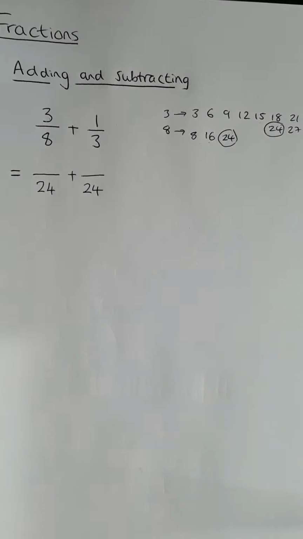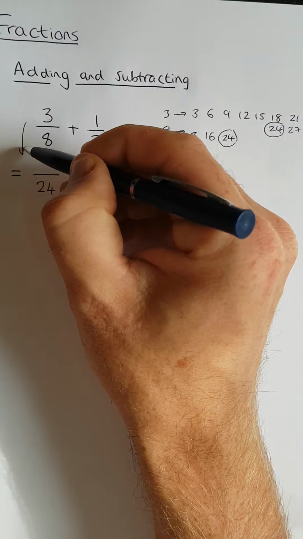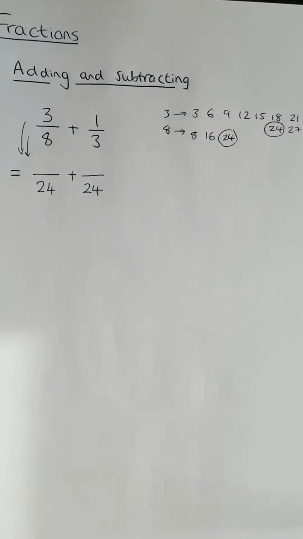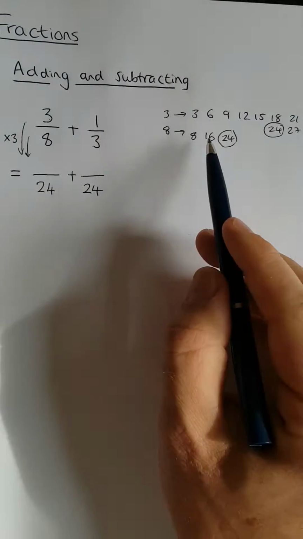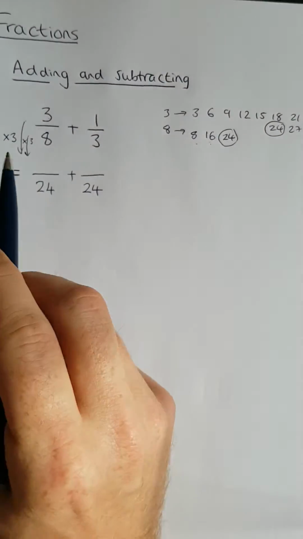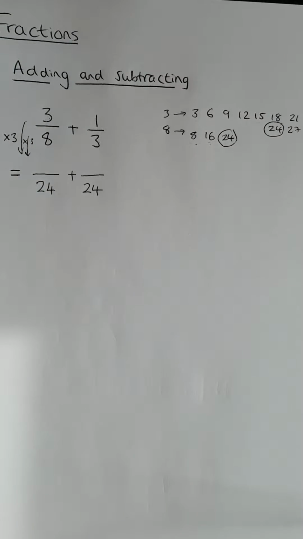So, in order to make sure I've labelled this in a way that follows, I'm going to put a pair of little arrows here. Now, to get 8 to become 24, I've had to times by 3. 1, 2, 3. I'm going to write times by 3 twice over here to remind me that it's both the numerator and denominator that I'm multiplying.